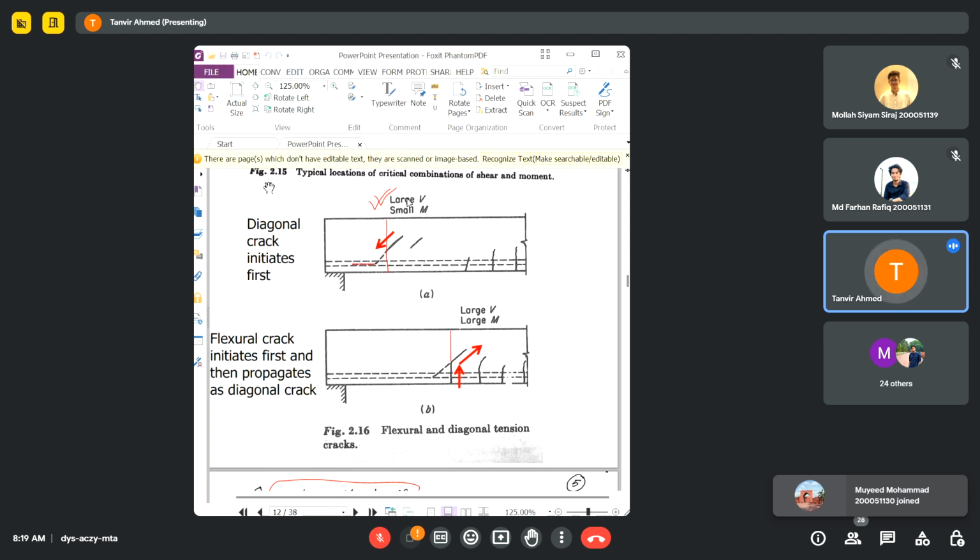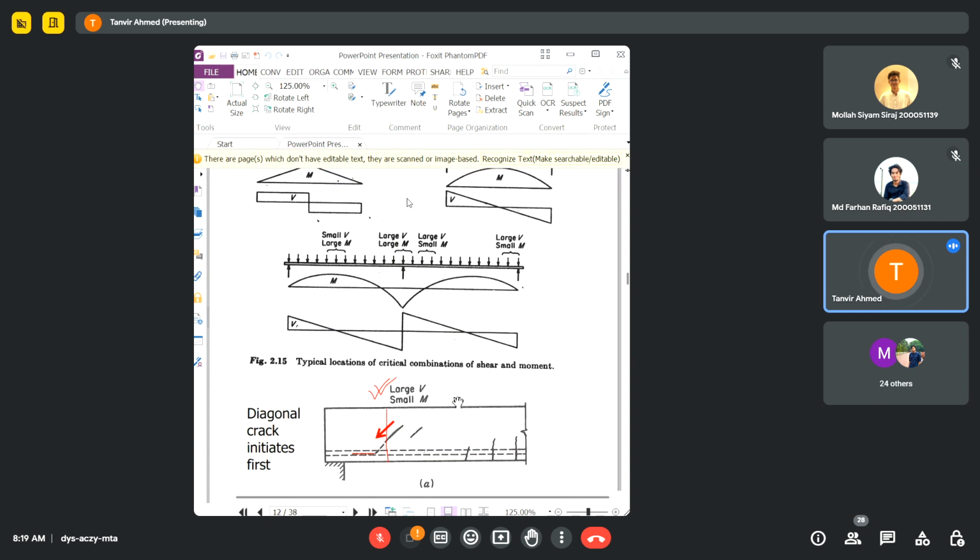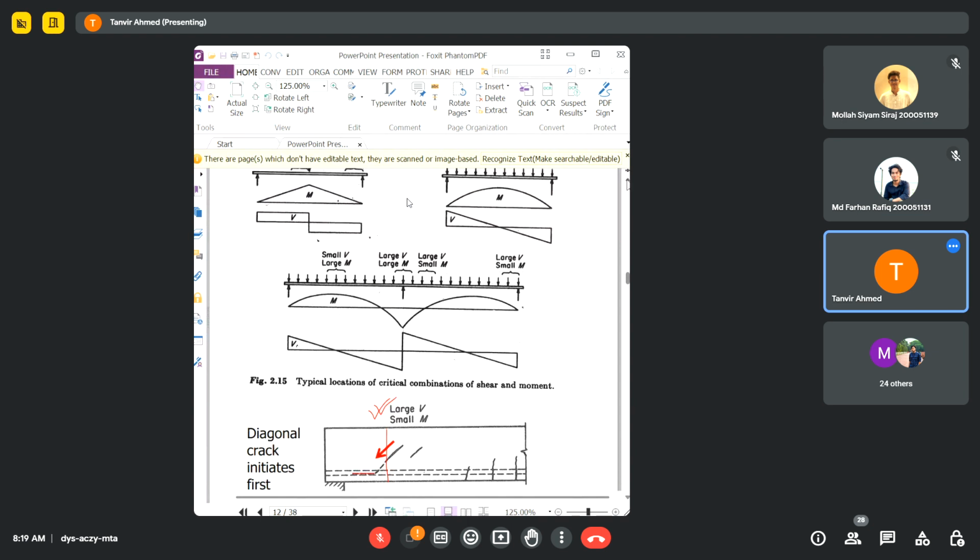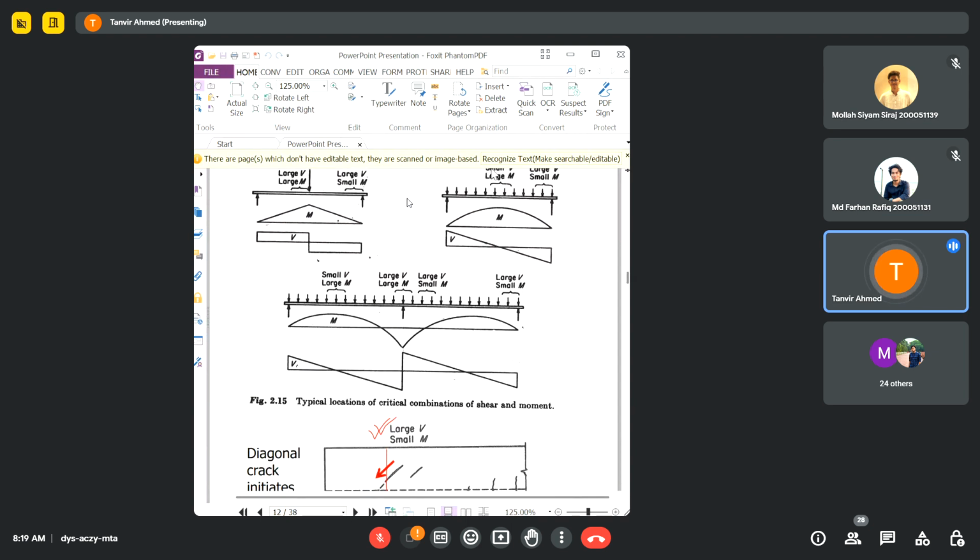Now, if I take a section here, as you can see, in this particular section, if I see this diagram, you can see that this is close to the support, and that's why the amount of moment is not significant, but the amount of shear force is significant.